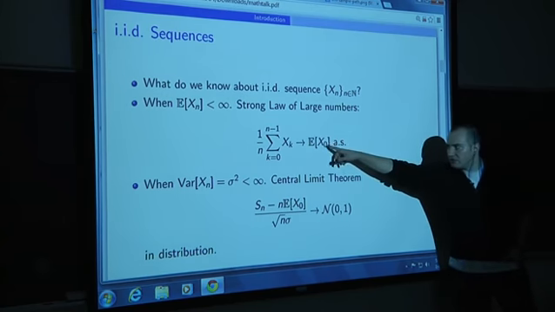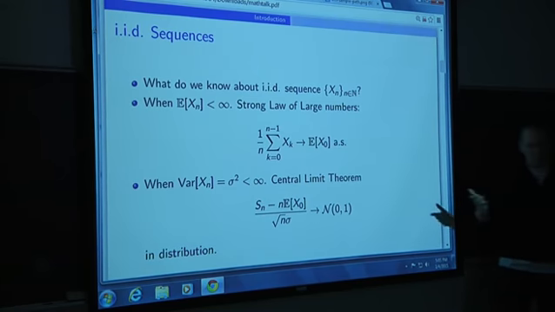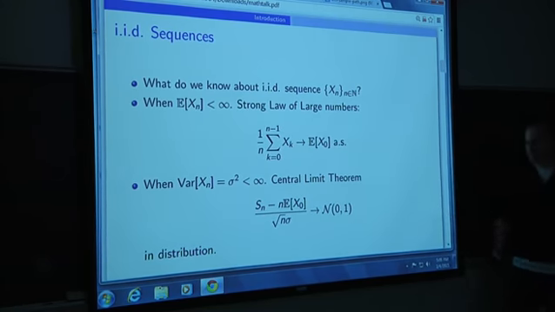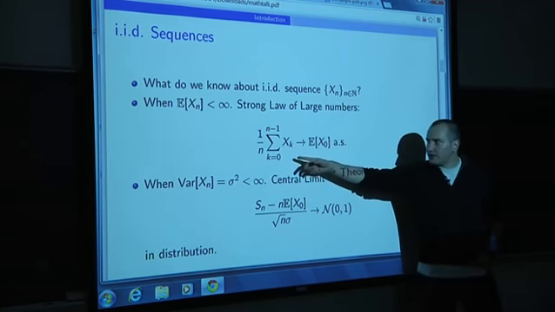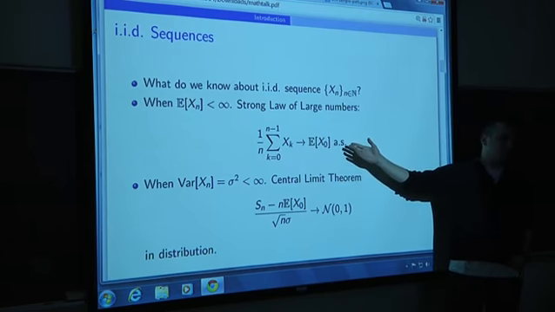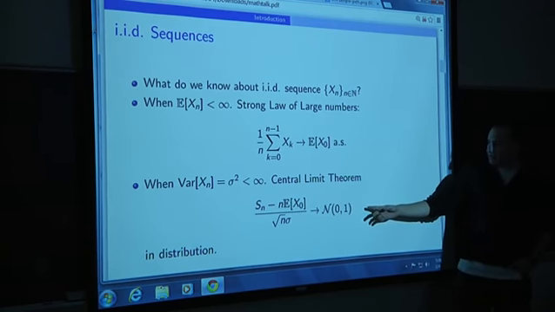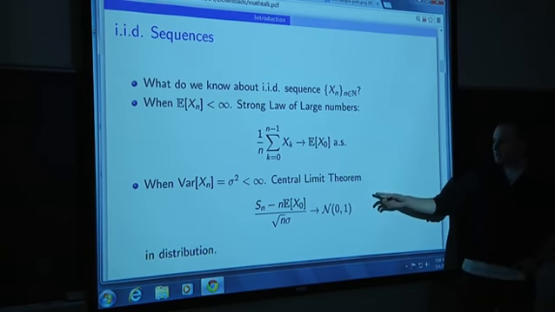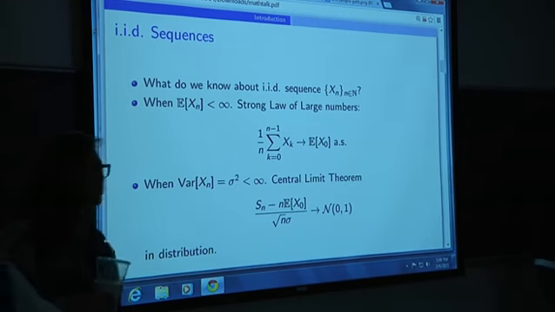This should be X_1, not X_0, because I defined X_0 to be 0. And if the variance is finite, this means that the empirical average converges to the expectation of the variable. And if I scale properly, I have the central limit theorem. I need to add that the variance is finite.